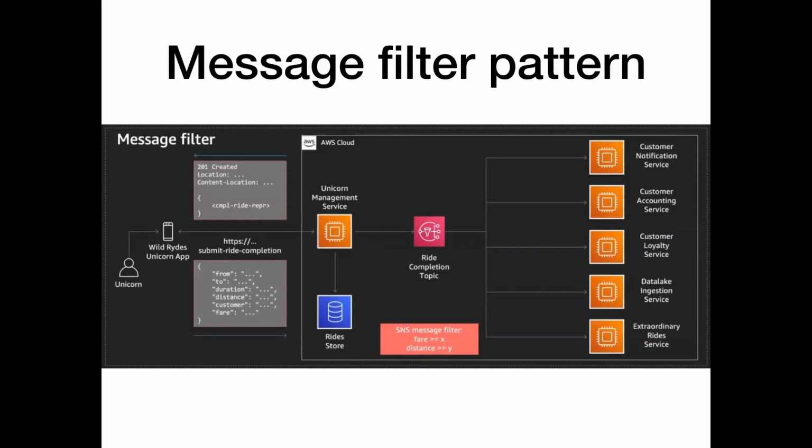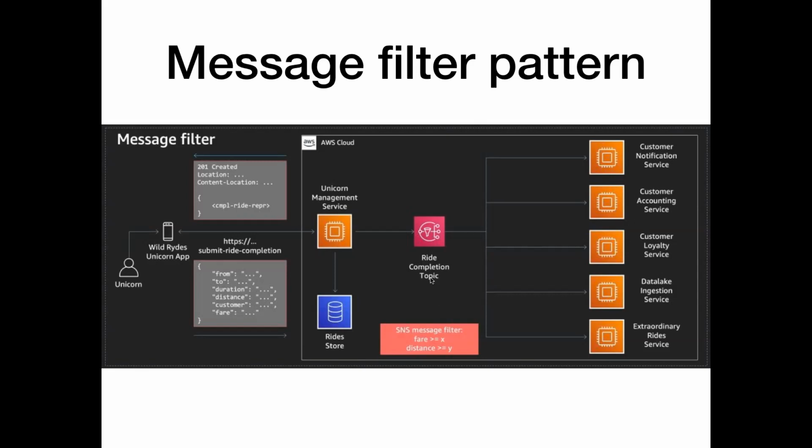If it is more than a certain distance, or a certain rights is there, you discard the message right there. Don't even send it to that delivery service. By the way, SNS has a filtering mechanism which you can use to really do this.